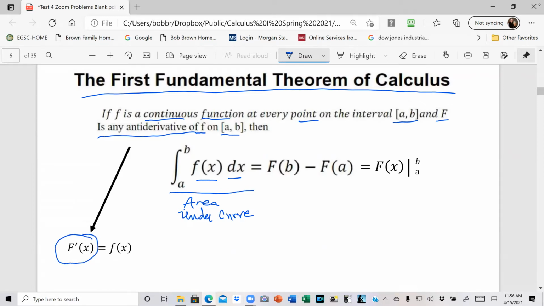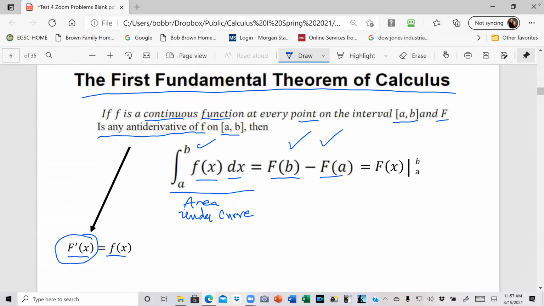So to check that, you can take the derivative of capital F, and if it's equal to f of x, then you need to just basically calculate the antiderivative at the right endpoint minus the antiderivative evaluated at the left endpoint.